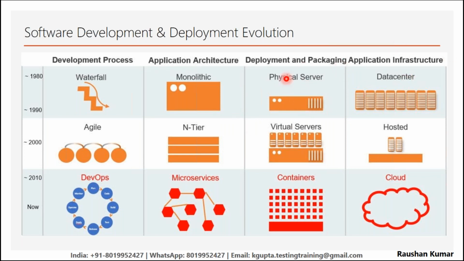So we used to waste a lot of resources in the physical server. So that's when virtualization came into the picture, and we were able to resolve that part of the issue. We were able to use the resources efficiently using virtualization. It was a big revolution at that time.